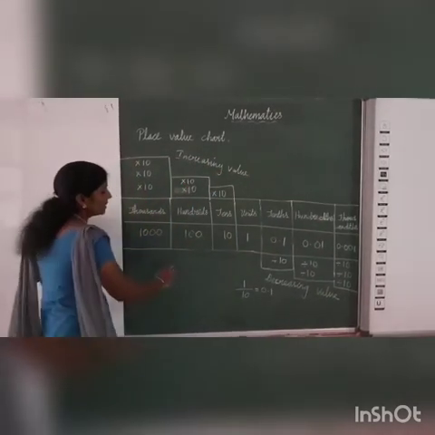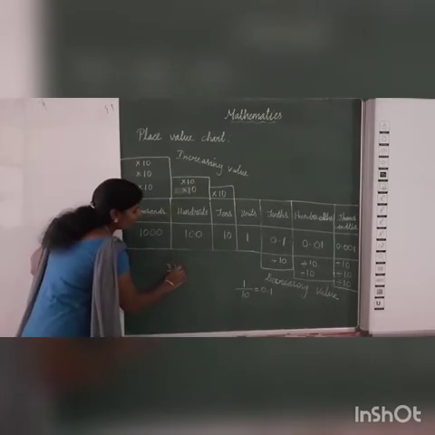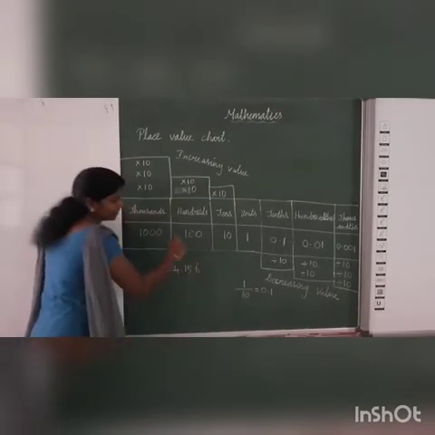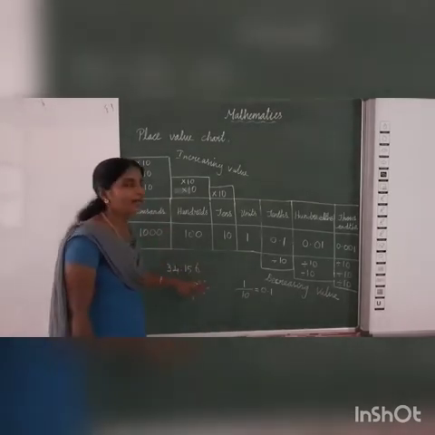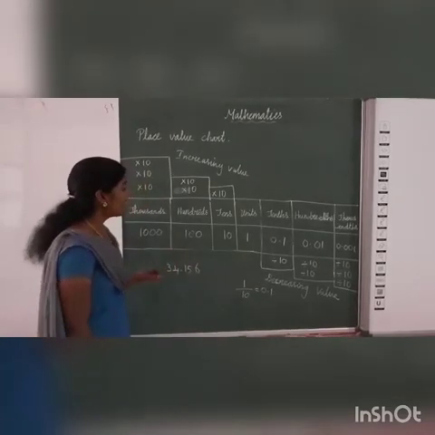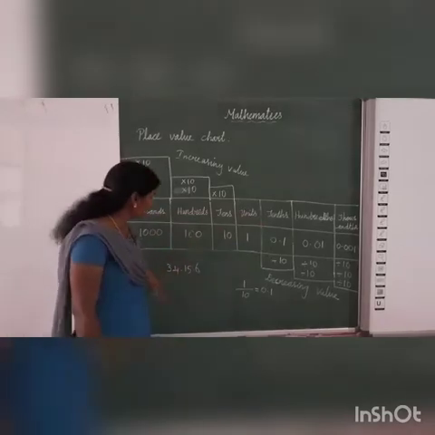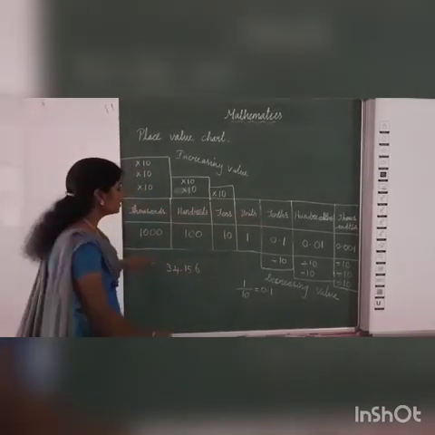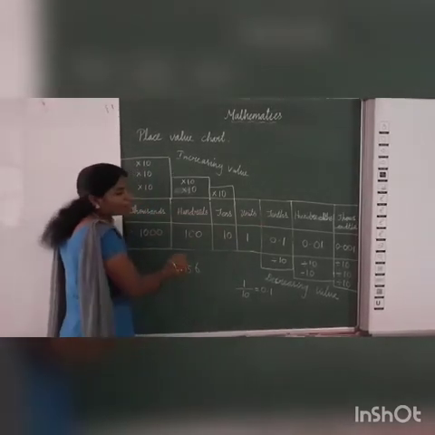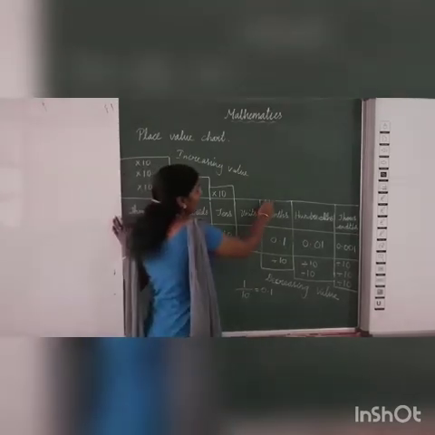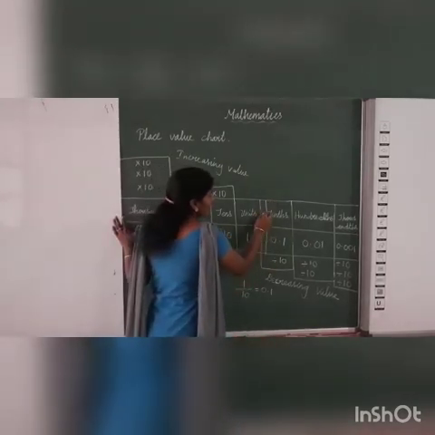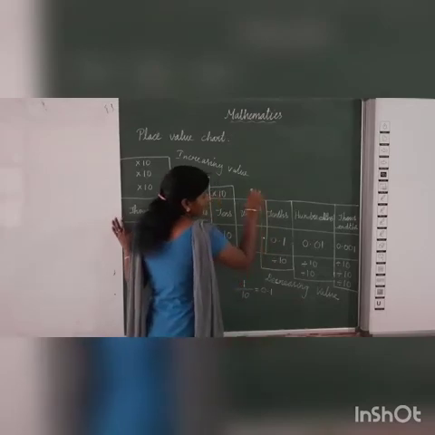Okay. For example, 34.156. Okay, 34.156. Now we can use this place value chart and write it in expanded form. This is the decimal point, isn't it? Here we have the decimal point.